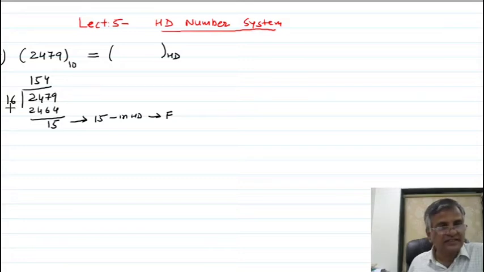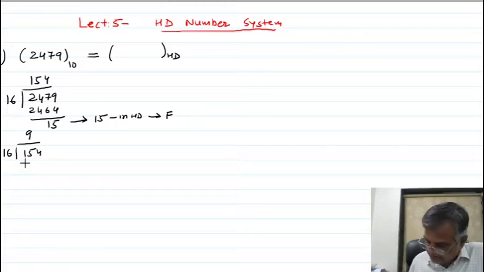2479 divided by 16, the quotient is 154, and 16 multiplied by this gives 2464, remainder is 15. The integer 15 is written in hexadecimal as F. 154 divided by 16, 16 nines are 144, you will get remainder 10.